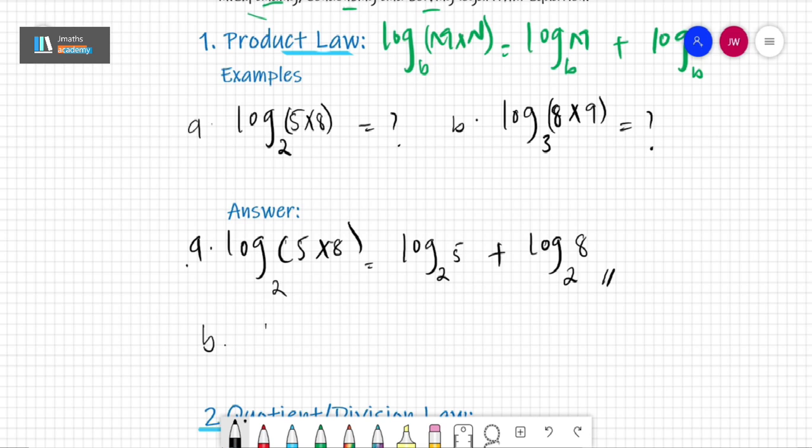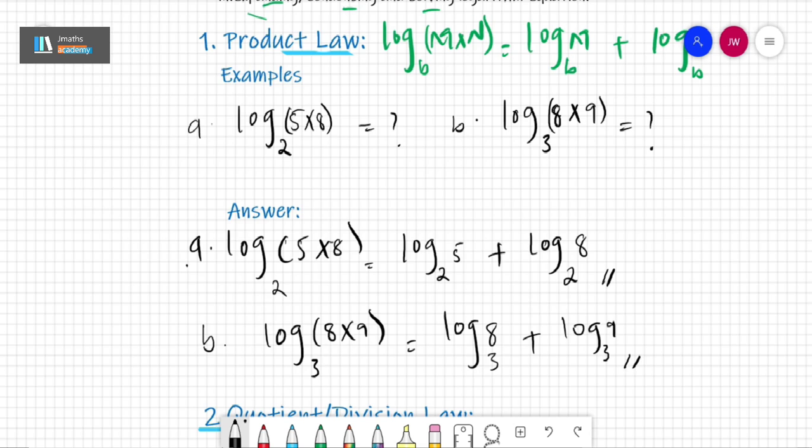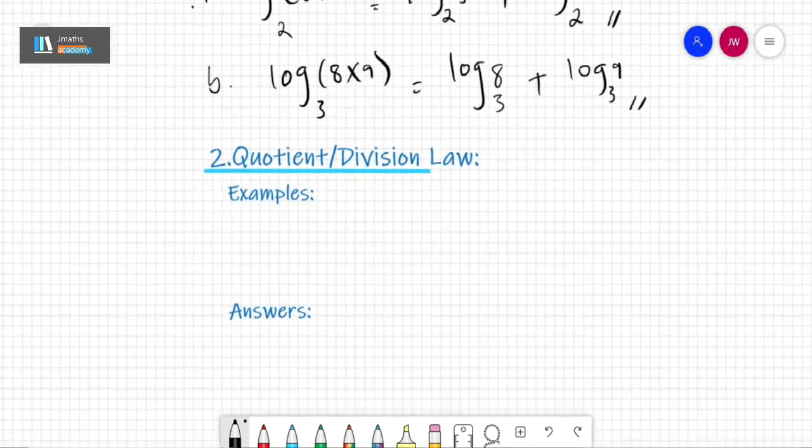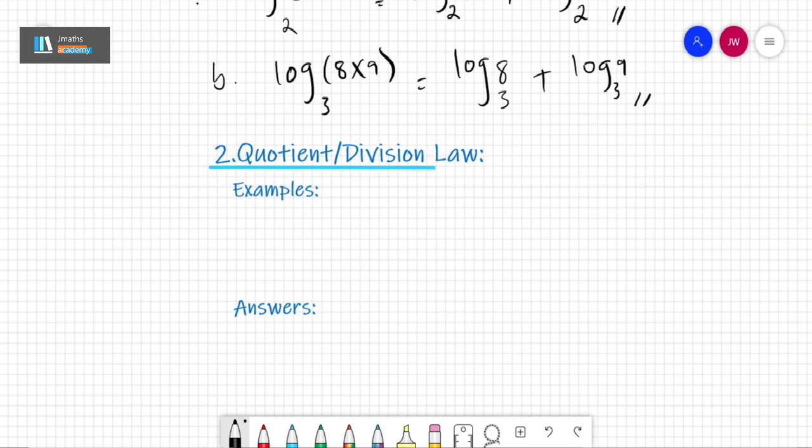For b, the logarithm of 8 multiplied by 9 to base 3 will give us the logarithm of 8 to base 3 plus the logarithm of 9 to base 3, and that's all for that. So it's as easy as that. Our product will always change to addition after expansion.